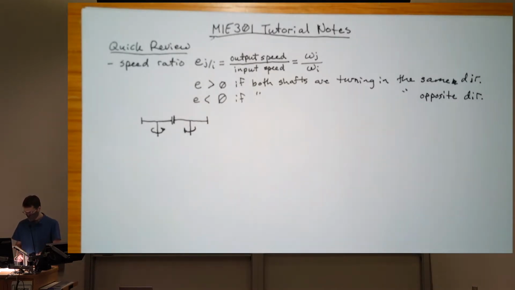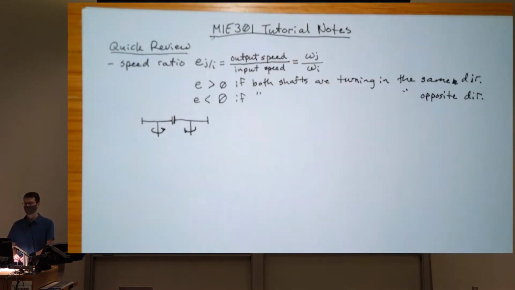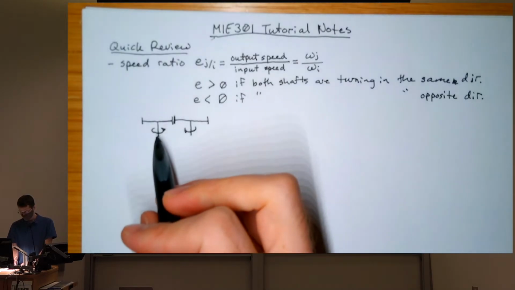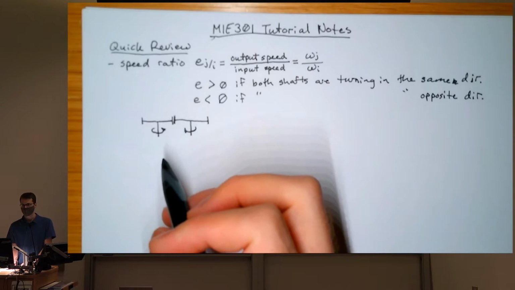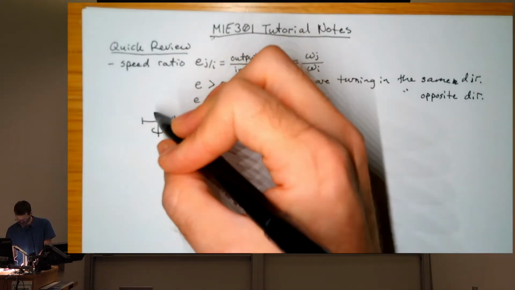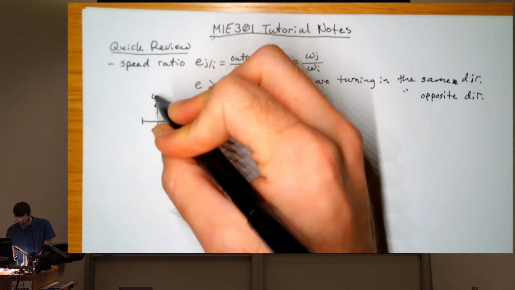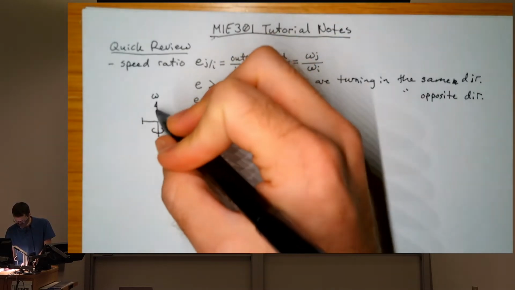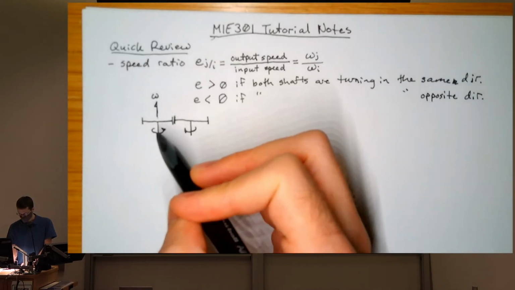Now, the thing about drawing your rotations like this on your skeleton diagrams is that sometimes it can be a little hard to parse, like what does this one actually mean in terms of the rotation? So what I like to do personally is use arrows to represent the vector direction of our rotation. I'm using the right-hand rule, and I would write my omega as an arrow pointing along the shaft axis there.